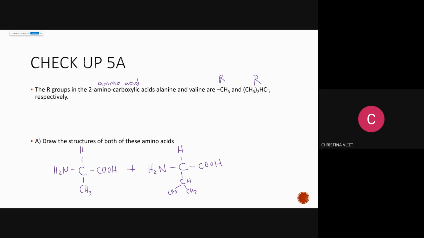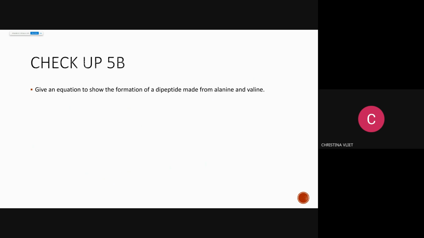So on the next question, it says, give an equation to show the formation of a dipeptide. So circle this dipeptide. That means how many? Di means 2 linked together.